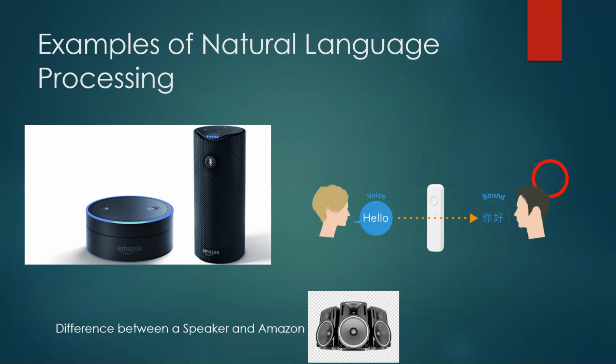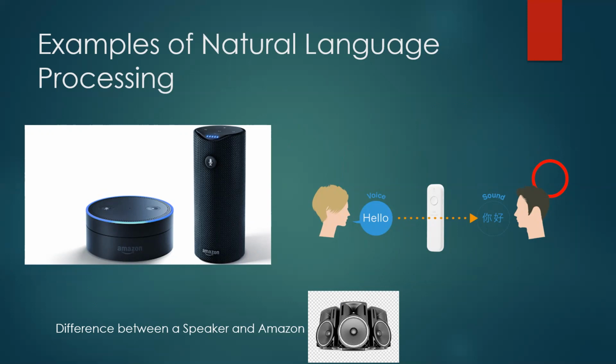You can say to him, Alexa, I want to hear some romantic songs of Shah Rukh Khan. So Alexa is able to capture your voice, recognize it, and then give you right results. If the results are in multiple options, it will capture your input again and then give you output based on that. But a normal speaker cannot do this.